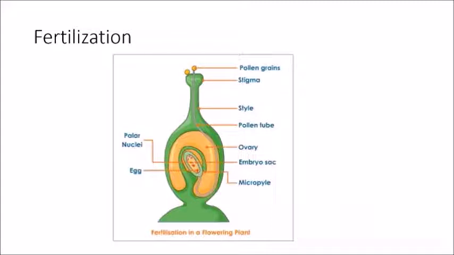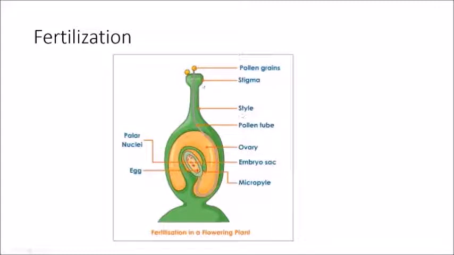Okay, so after pollination would have occurred and a pollen grain lands on the stigma of a flower, the next step that would take place is fertilization. Now, the way that this is going to happen is that once this pollen grain lands on the stigma, it has a type of nutrient inside of it that is basically going to stimulate this pollen grain to grow a pollen tube down the style of the stigma.